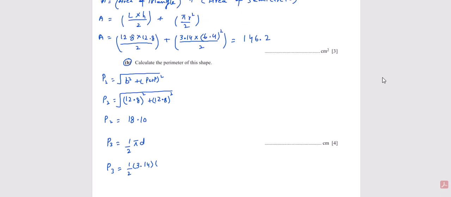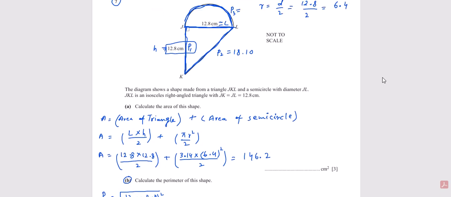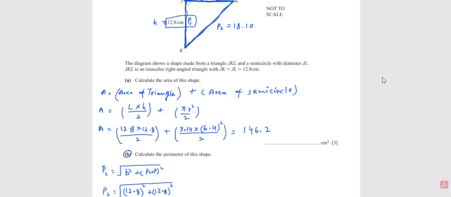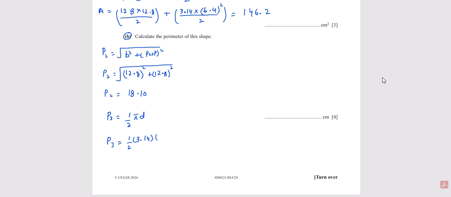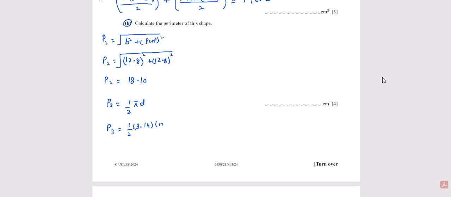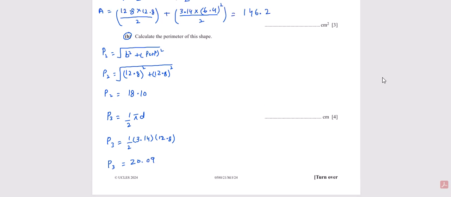This one is diameter of a circle, that is equal to 12.8. Calculate these values, divide with 2, we get 20.09.